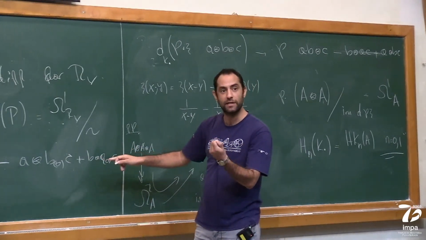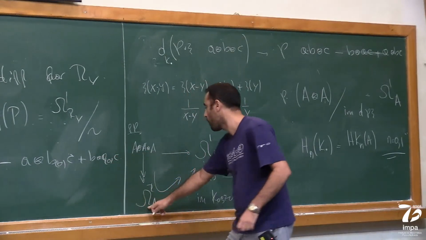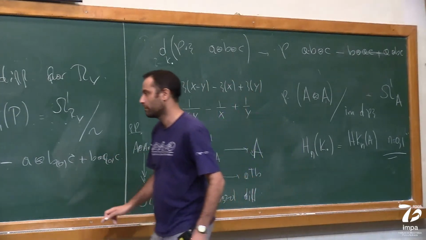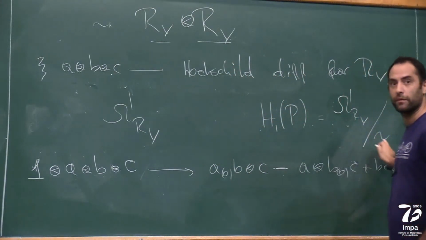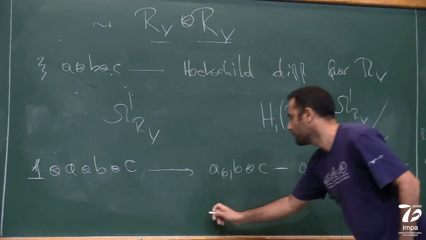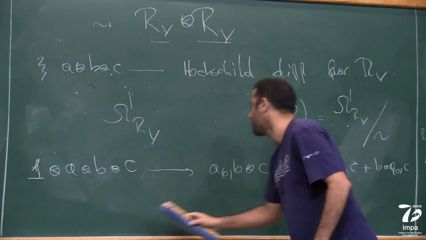So let me tell you exactly what happened here. This is something that is mapping from A tensor A tensor A, but it's going to factor through omega 2 of RV. So I have this omega 1 of RV that was the quotient, and I'm describing to you a map.